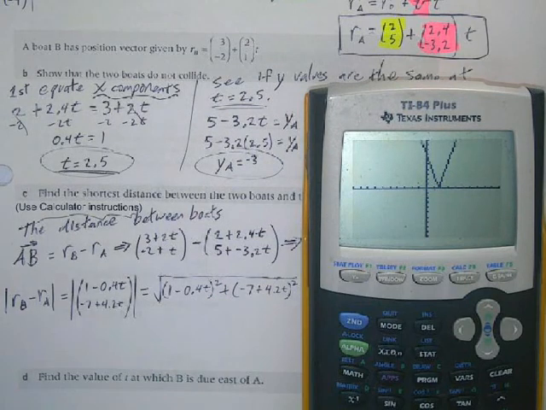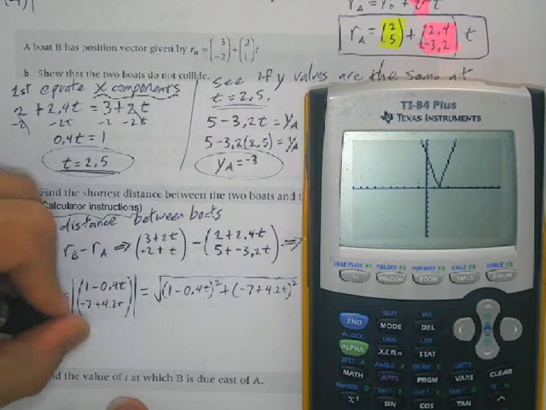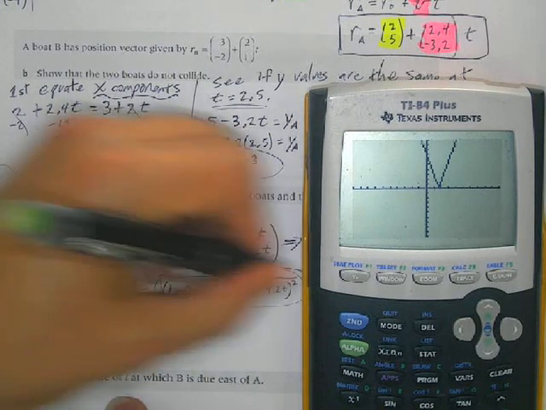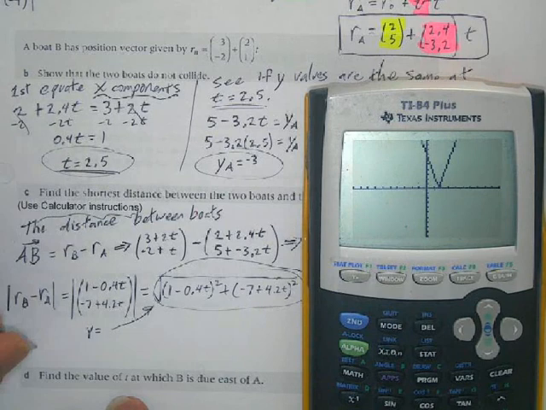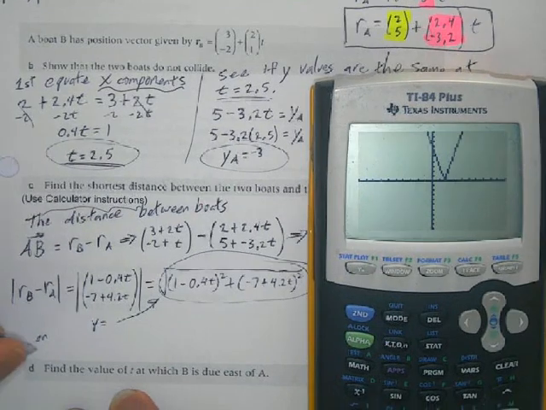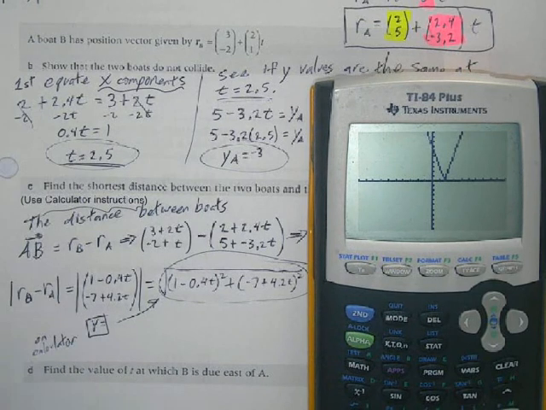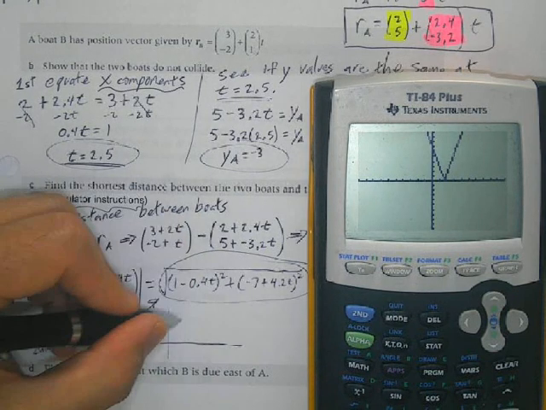So the shortest distance, so we're going to type this y equals this, right? And then so now the shortest distance is when we find the minimum.